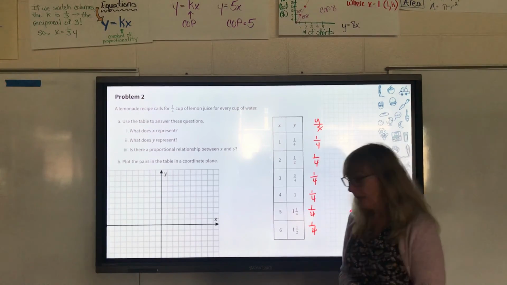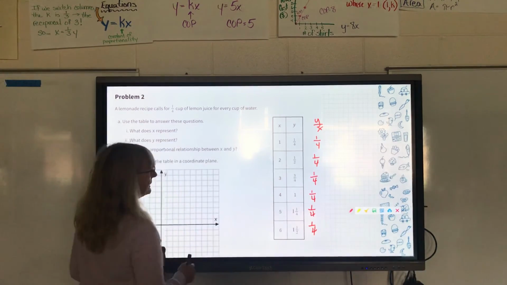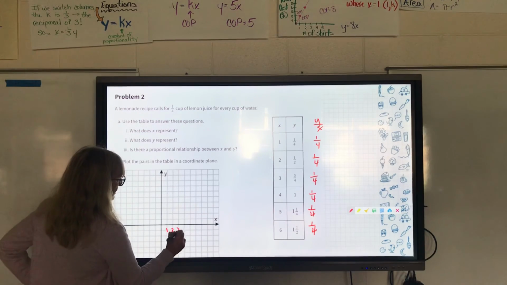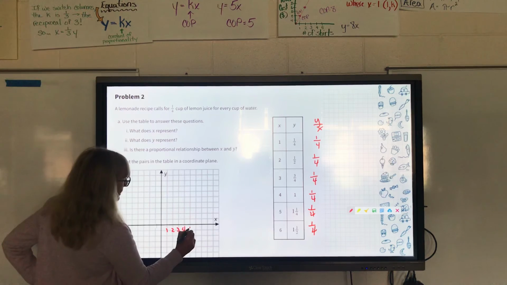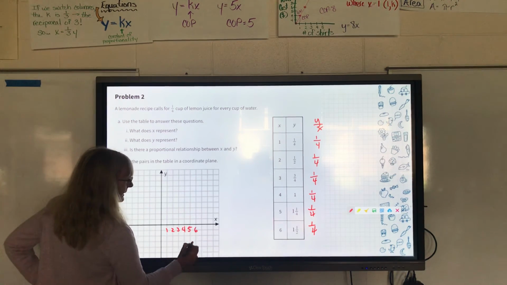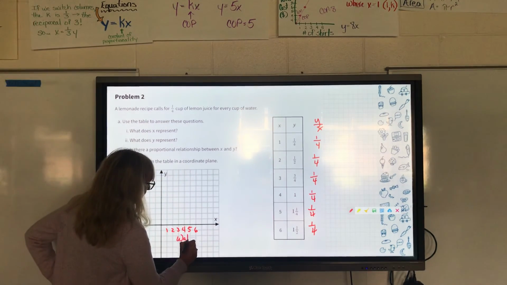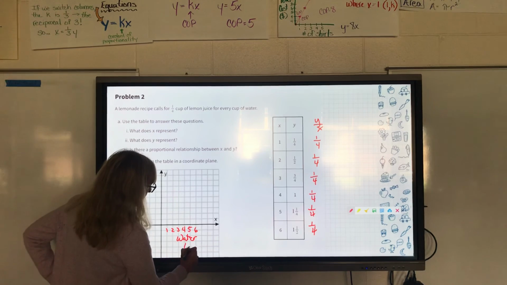From a graph, we're going to graph this. So this is 1, 2, 3, 4, 5, and 6. And this is going to be our x-axis, and we said the x-axis was water in cups.